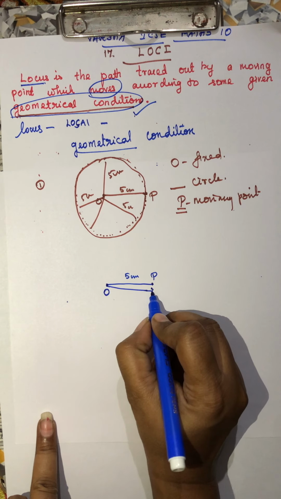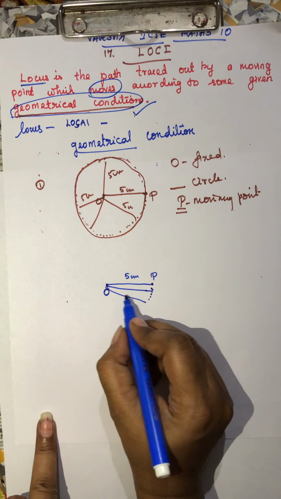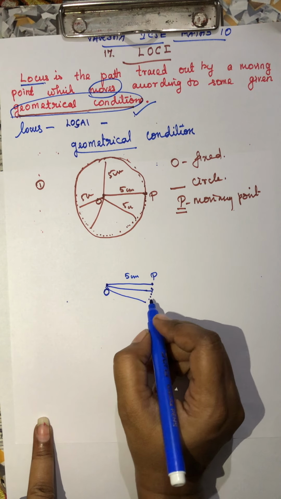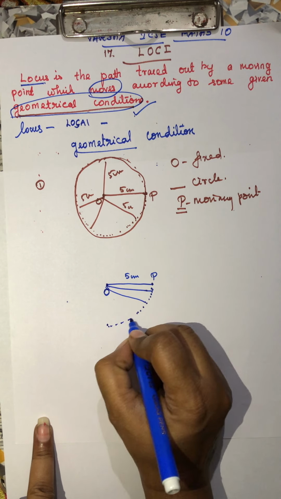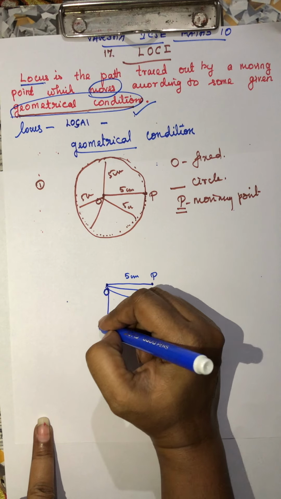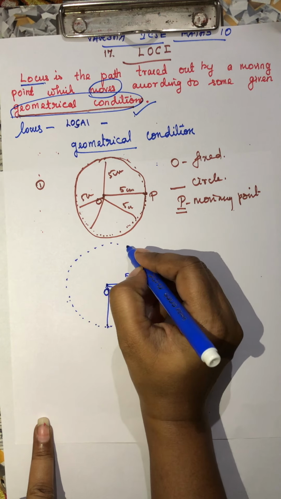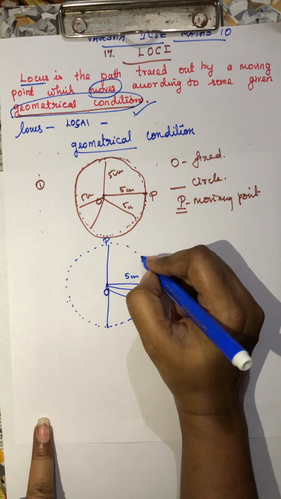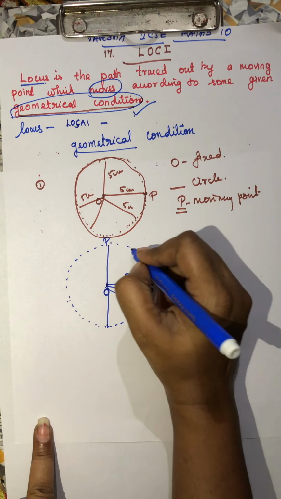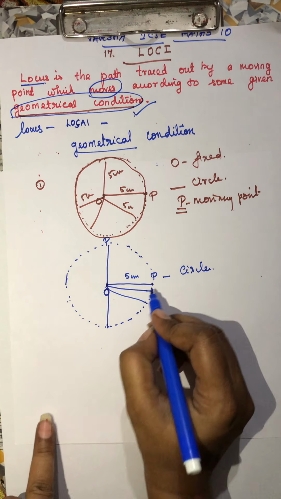The distance remains constant, it is not changing. The condition is that P is 5 centimeter from the fixed point O. When you join every point, what do we get? We get a circle. This is the locus of the point P.